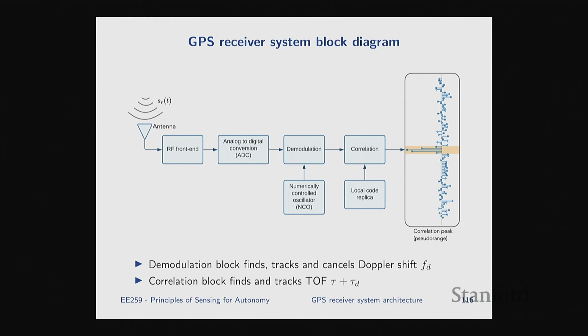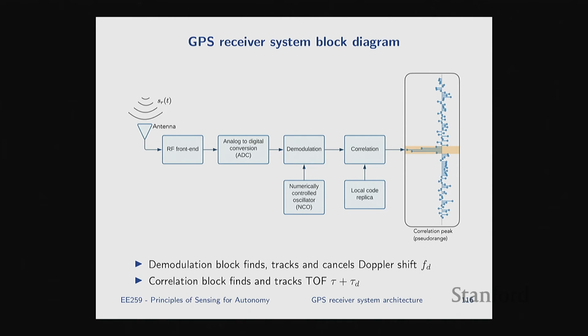That happens when two things are correct. One is our estimate of Doppler should be correct, and the other is our estimate of the time of flight plus our timing offset should be correct. And that's when we get a large peak at the output of the correlator.